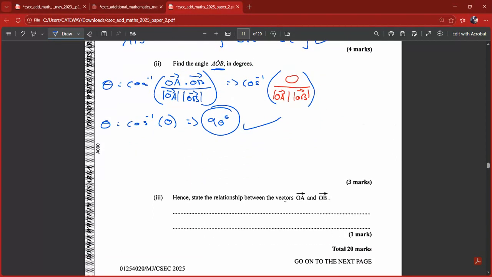Hence, the relationship between the vectors OA and OB: the vectors are perpendicular since the angle between them is 90 degrees.